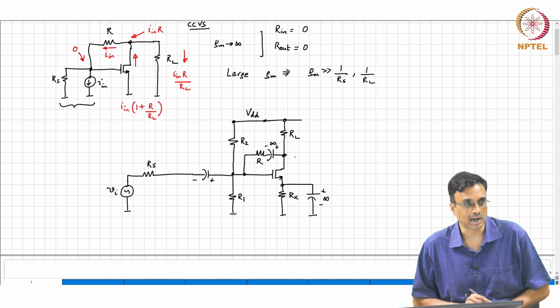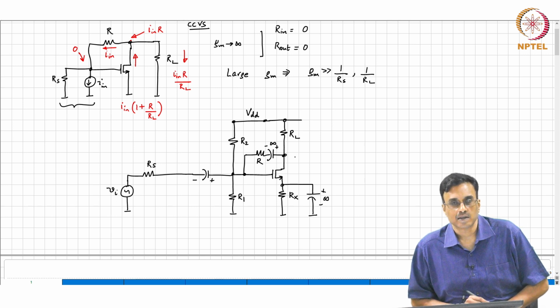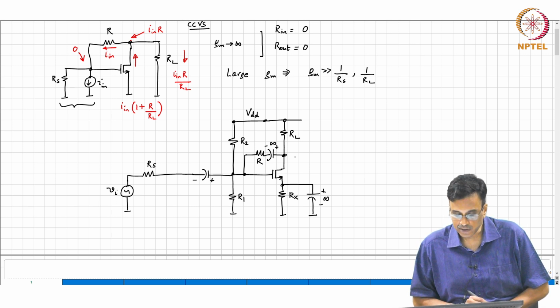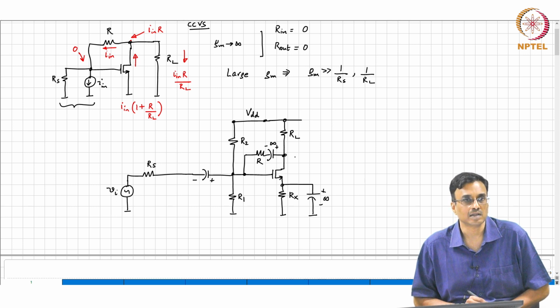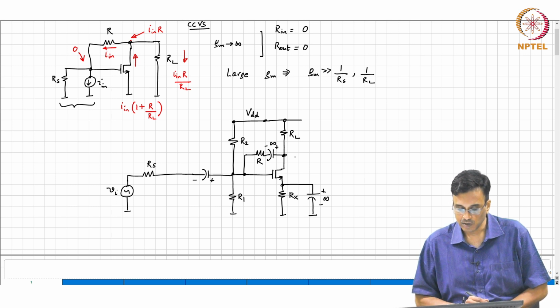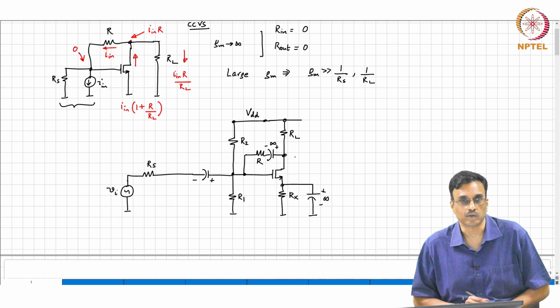Okay, we spent a lot of time on this in the last class. All right, so basically, if you want to impress your friends, you can draw a big circuit like this, and by simply staring at the picture, without doing any math, you can be sure that the gain is going to be approximately minus R by Rs, even though the circuit looks quite complicated with half a dozen resistors and a few capacitors and so on.